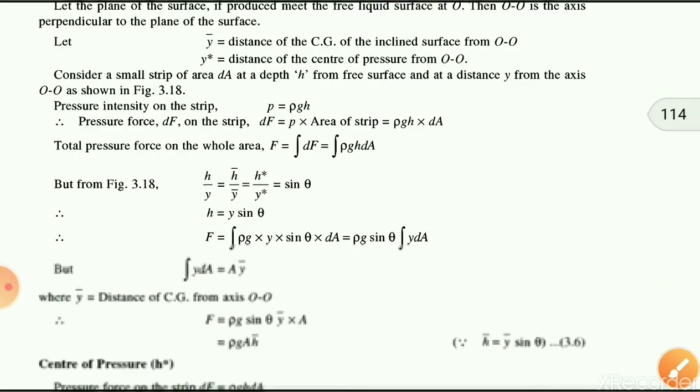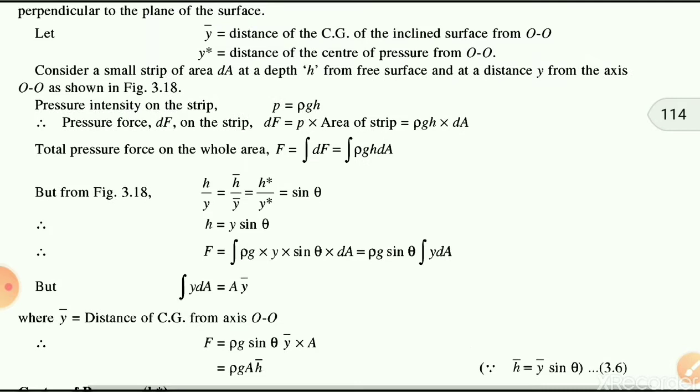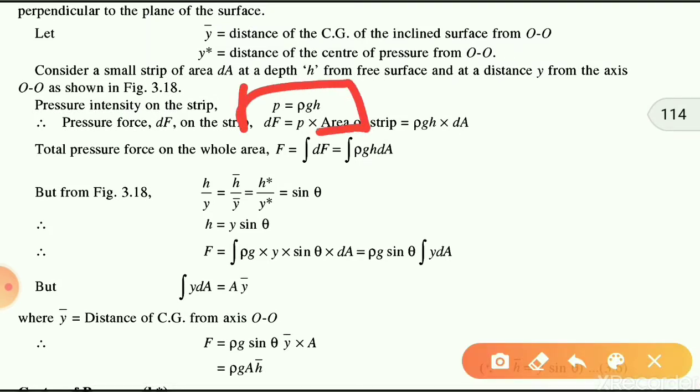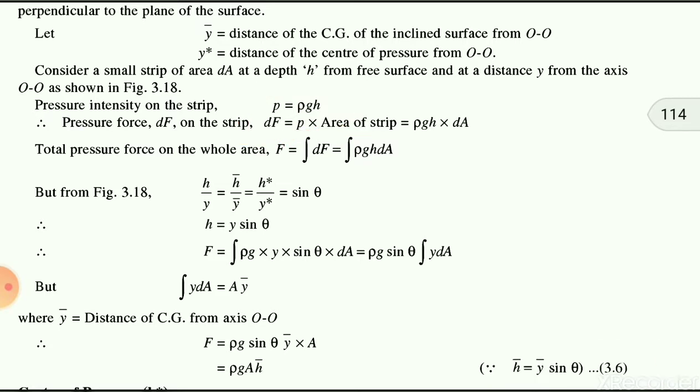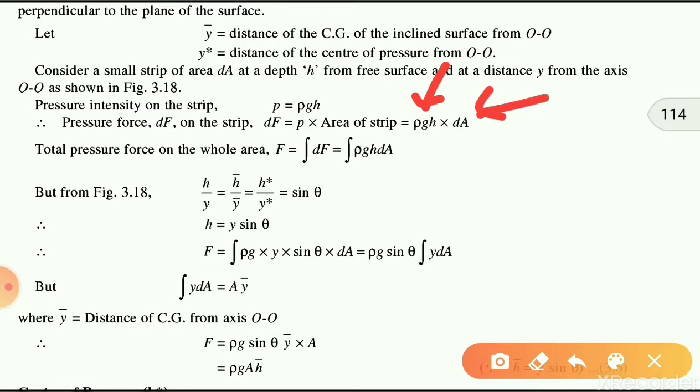So the pressure intensity acting on this strip will be rho multiplied by g multiplied by h. This is according to the hydrostatic law. The pressure force dF acting on the strip will be pressure intensity multiplied by area. So pressure intensity is rho gh, multiplied by the area of this elemental strip dA.